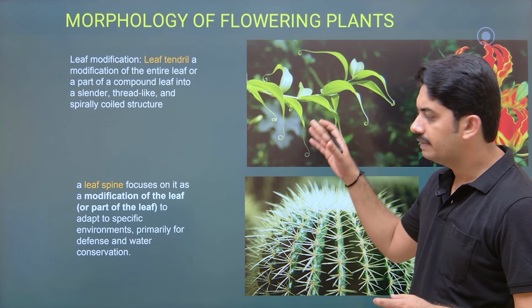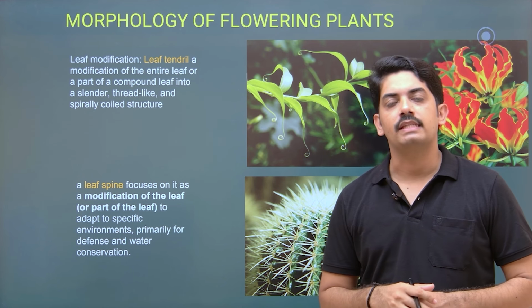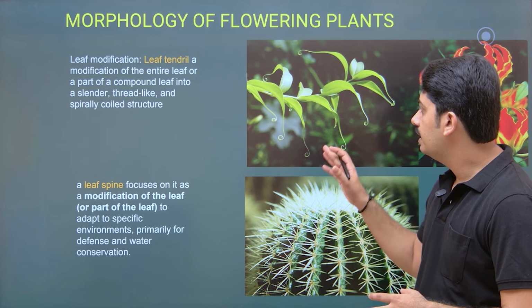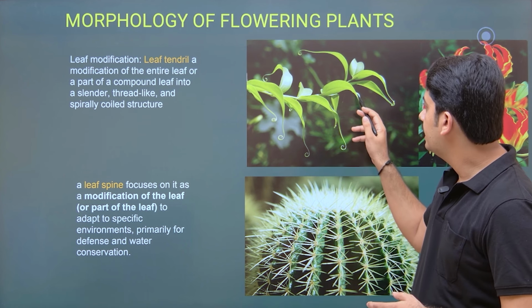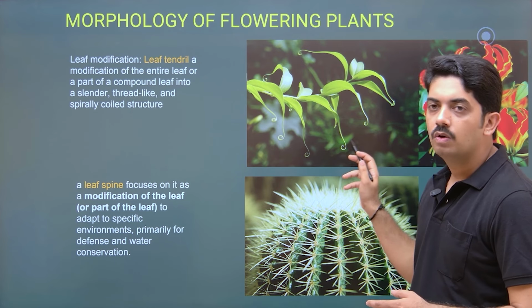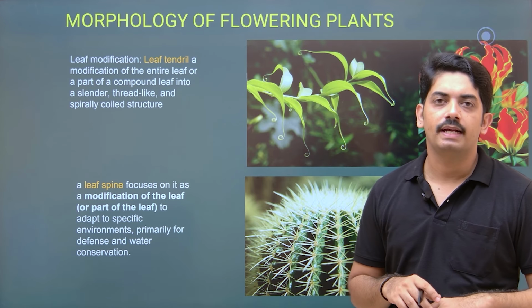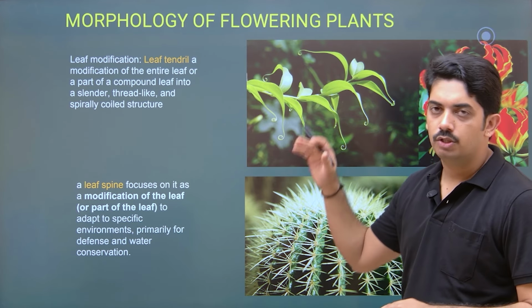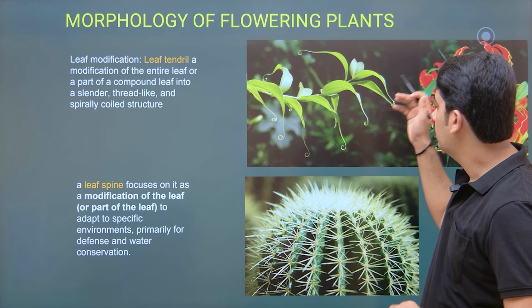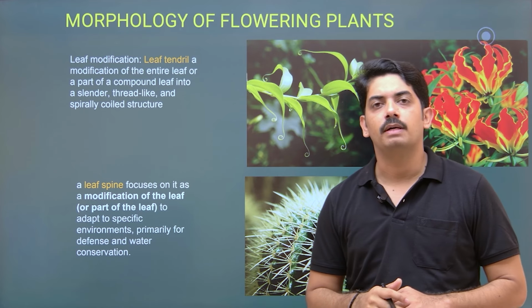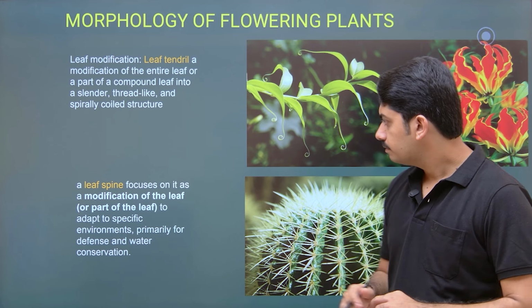Similarly here leaf tendril also helps weak stemmed plants in climbing. Here you can see the tip of the leaf is coiled and that coils around the nearby supporting plants and helps the weak stemmed plant to grow. This we call Gloriosa superba, a medicinal plant.